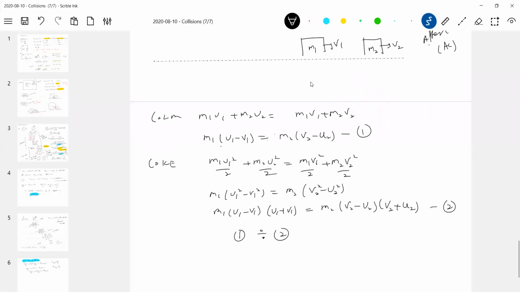Dividing 1 and 2, I'll get U1 plus V1 should be equal to V2 plus U2.